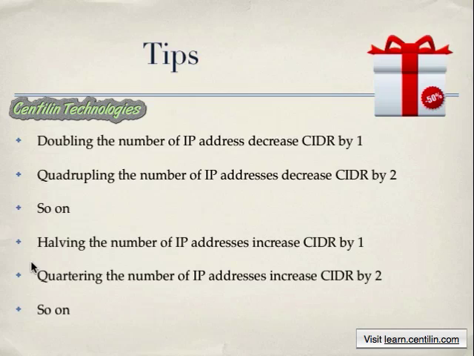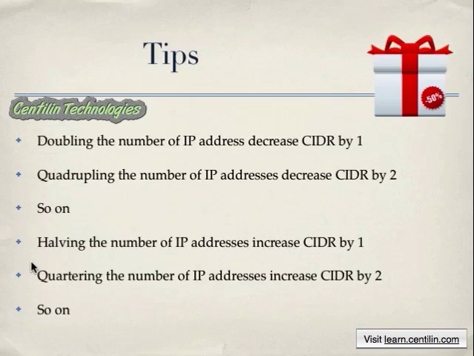Whenever you are halving the number of original IP addresses, we are increasing the CIDR by 1. And if we're quartering the number of IP addresses, we're increasing the CIDR by 2. So if you want to reduce it to a half, a quarter, or an eighth, you have to increase the CIDR by 1, 2, or 3.